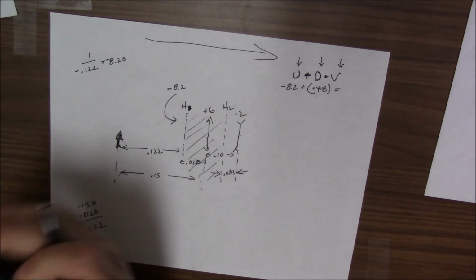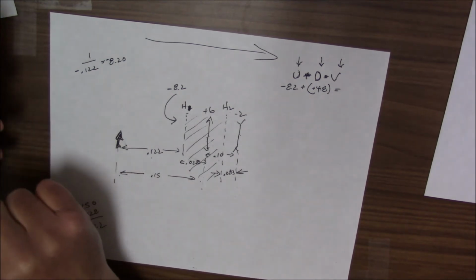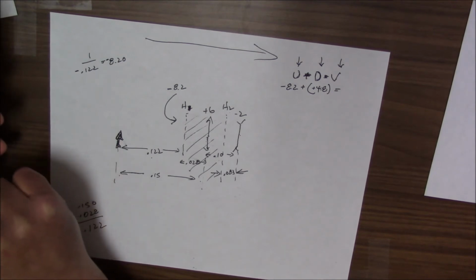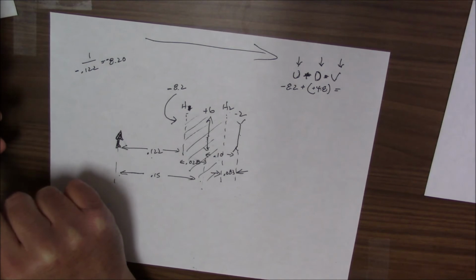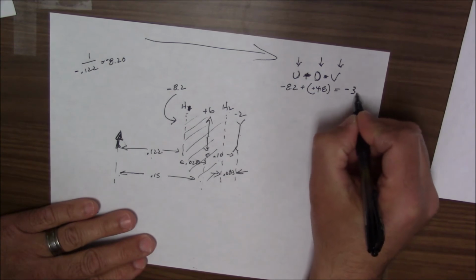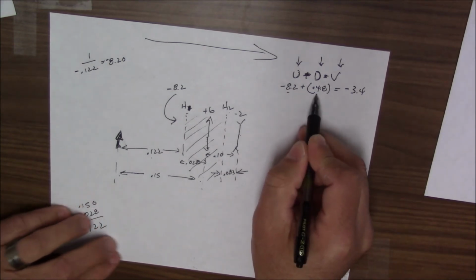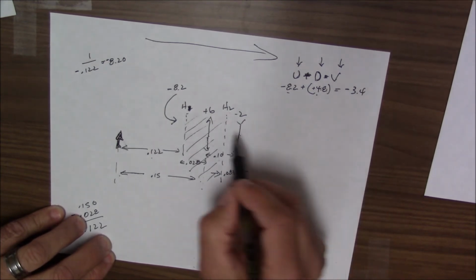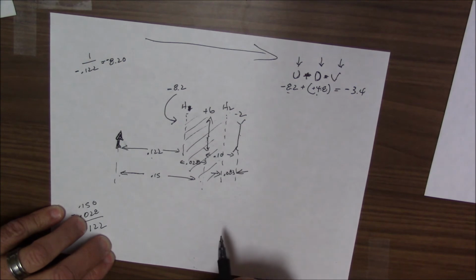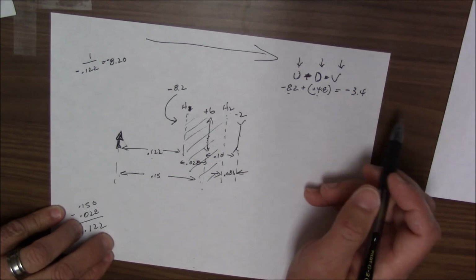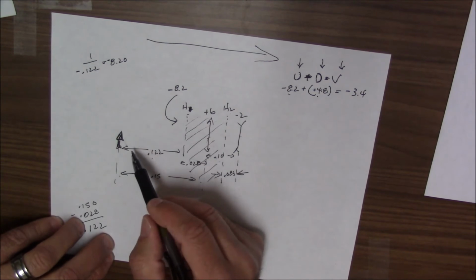So minus 8.2 plus 4.8 gives me minus 3.4 diopters coming out the back, right? The 8 is bigger than the 4. So I'm going to have a diverging wavefront leaving the back of that lens. What does that tell you? That tells you I'm going to have a focal point on the opposite side, so in front of the lens.